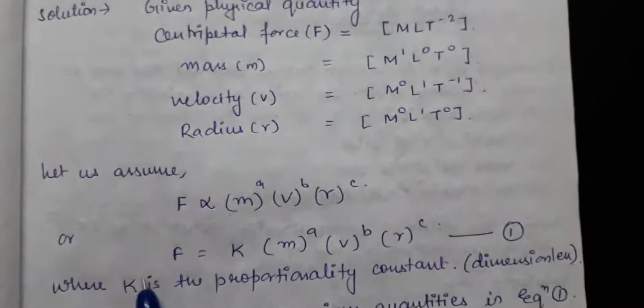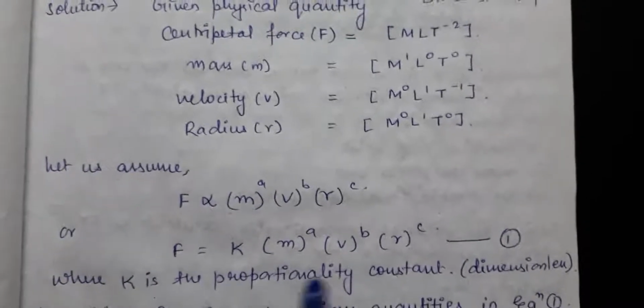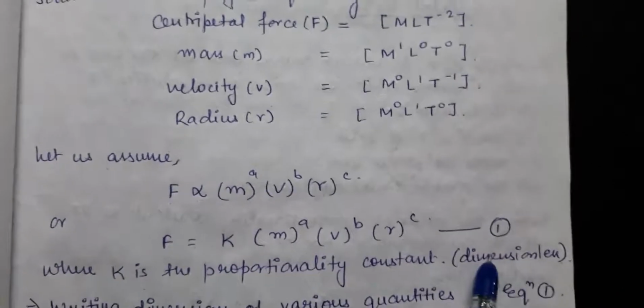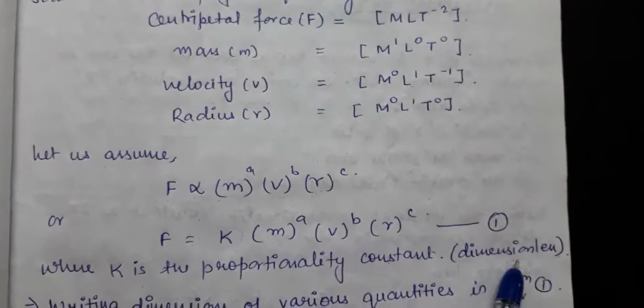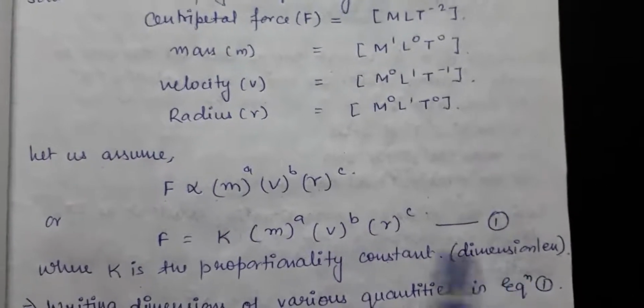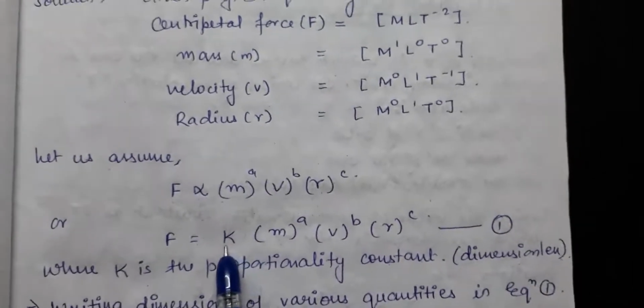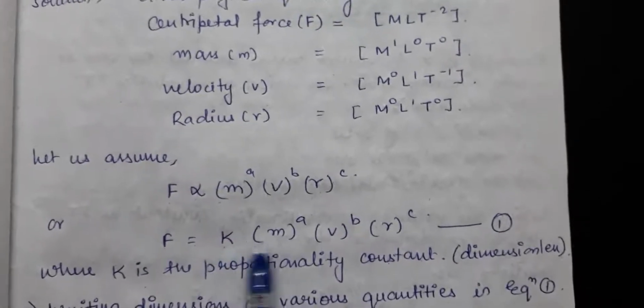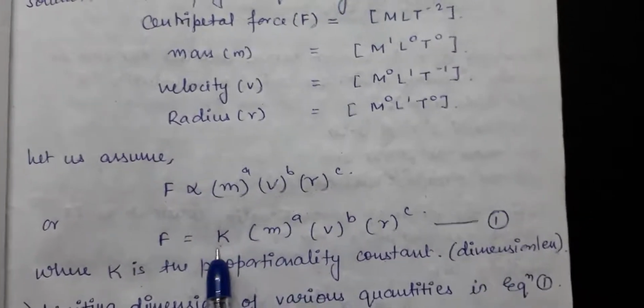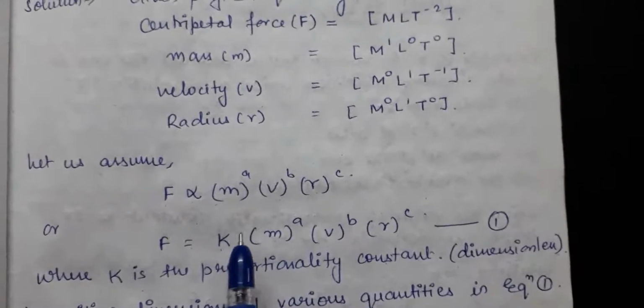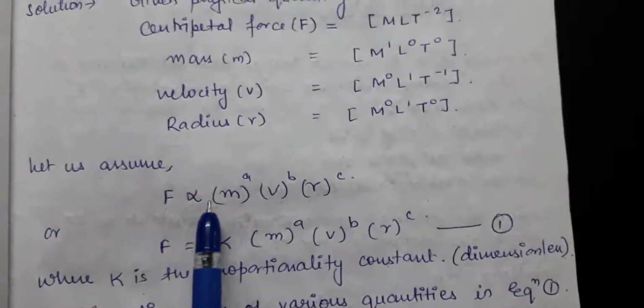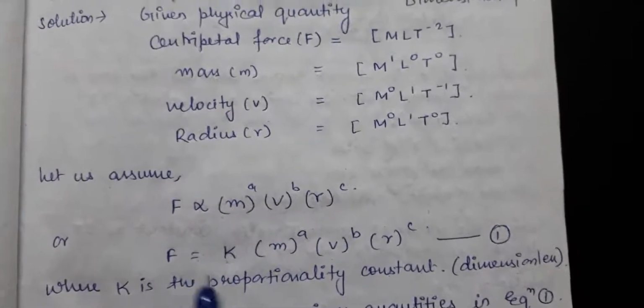What is this k? K is the proportionality constant, and it is dimensionless. So I need not worry about why you have added k or why you have multiplied k with the whole equation. This is just a proportionality constant, a number, which is multiplied because we have to change the proportionality sign into equal to.